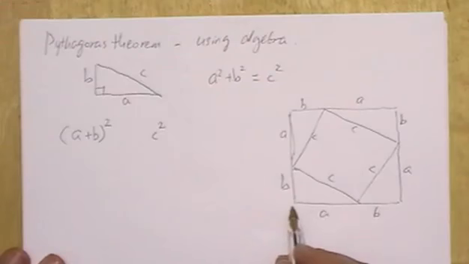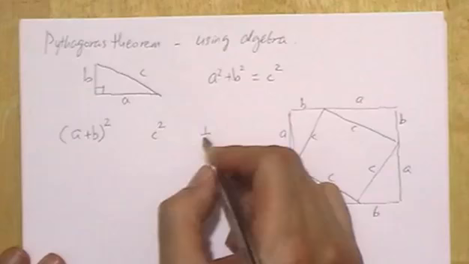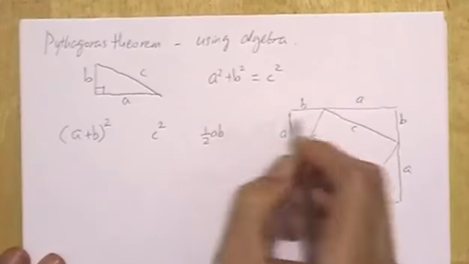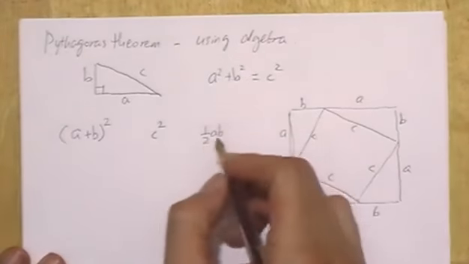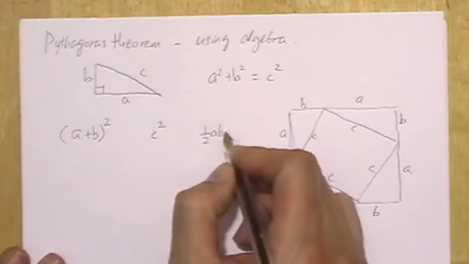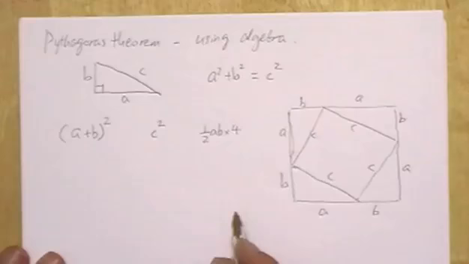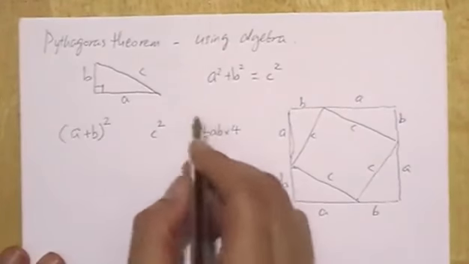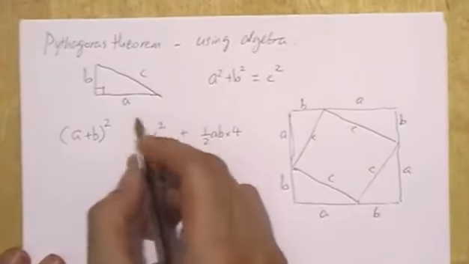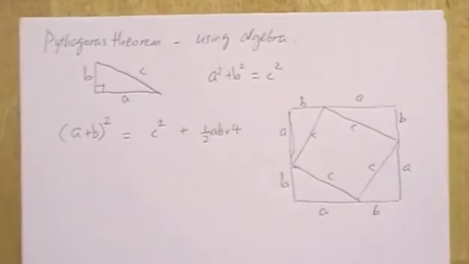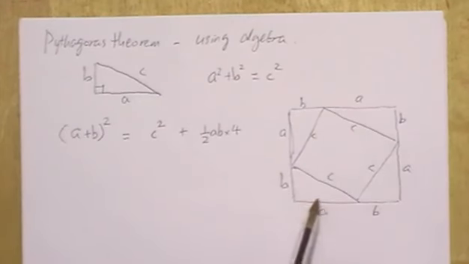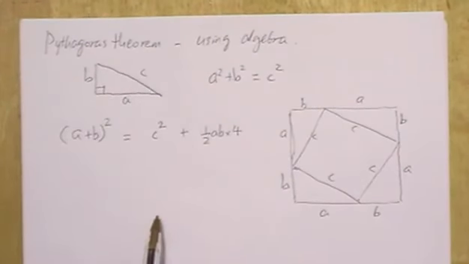So that's half times A times B, half AB. But there are 4 of them, so this will be multiplied by 4. So the total of these 2 should be equal to A plus B squared, since together they make up the big square.